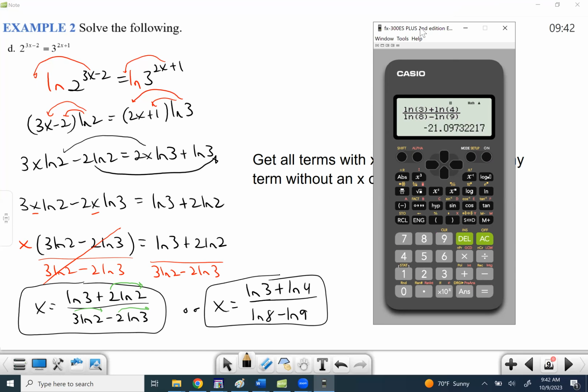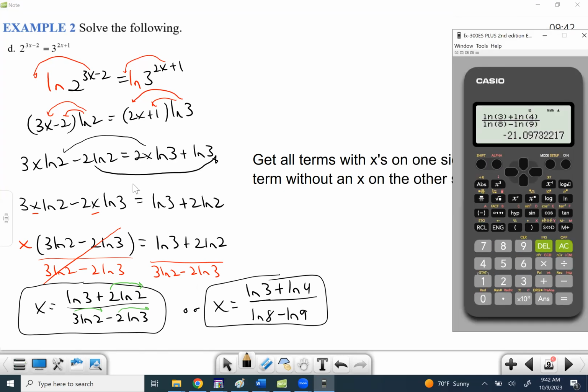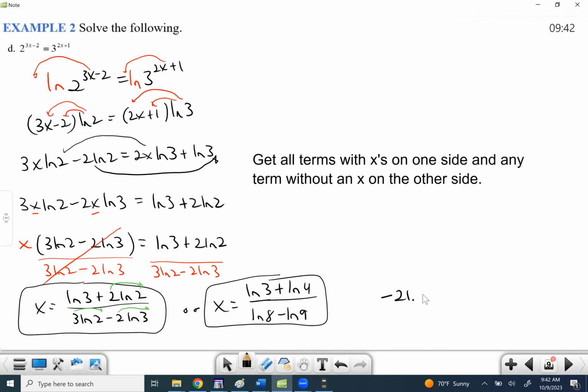Okay, move this over here a little bit, and let me just check myself because I know I write stuff wrong. So let me make sure that looks good. 2 to the second is 4, 2 to the third is 8, and 3 to the second is 9. This is looking good. Okay, so negative 21.0973 is going to be our approximate answer.